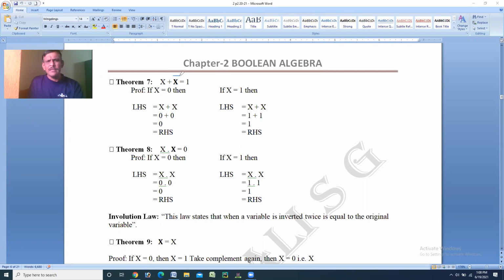So this is the meaning of that particular statement. Take the variable and its complement, perform logical multiplication and logical addition, and you can check whether you get it or not. So x plus x complement is equal to 1.